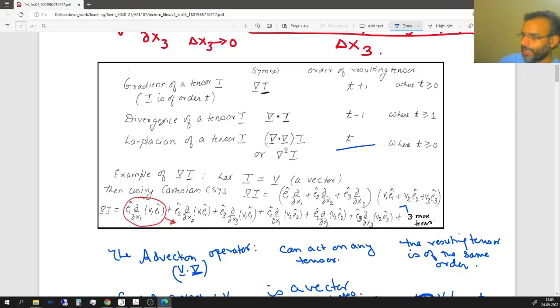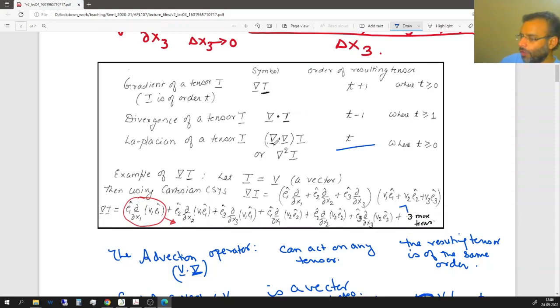The second operation is what we call the divergence of a tensor, denoted as del dot t. Actually there is a dot operation taking place between the del operator and that tensor. This operation will result in a tensor of order t minus 1, and for this operation to be viable, the original tensor t should be at least a vector. The third way in which the del operator can interact with the tensor is called the Laplacian of a tensor t.